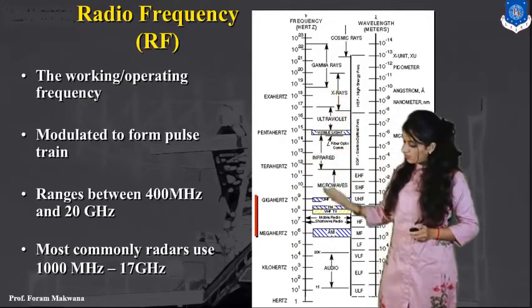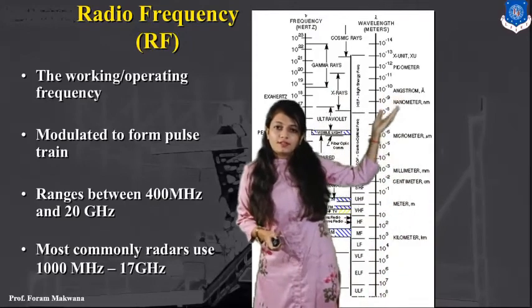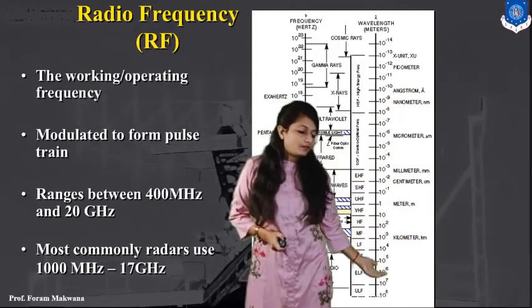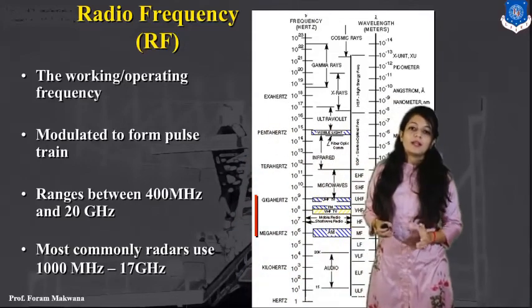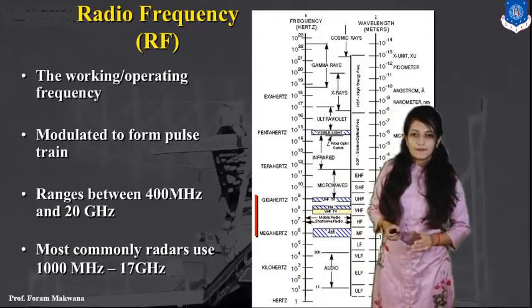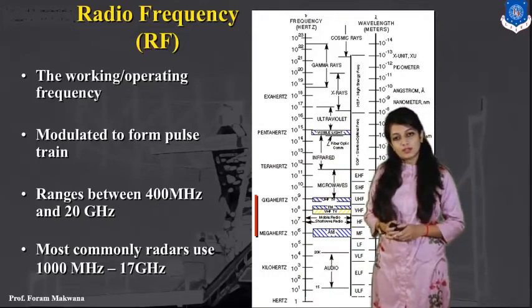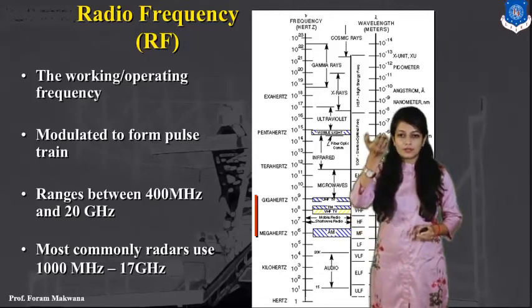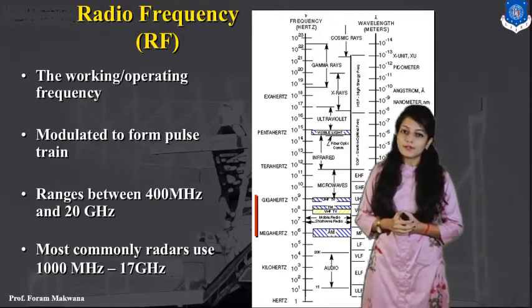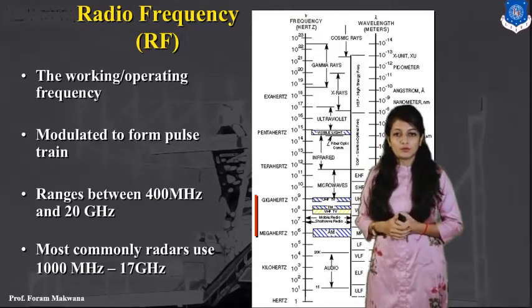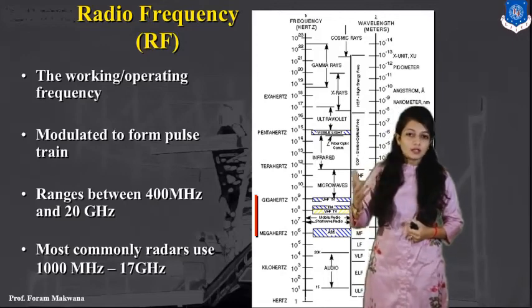This is the frequency range and this is the wavelength in meters. Alright? So lambda equals c by f, as the wavelength is inversely proportional to the frequency. As the frequency increases, lambda decreases, because both are inversely proportional. So the radar is going to be operated at gigahertz frequencies.